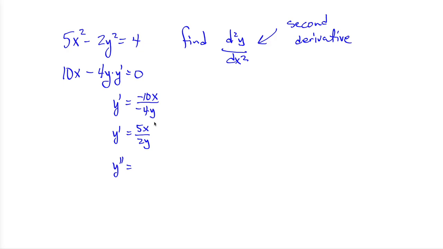I need to do quotient rule, so it's going to work out kind of ugly. So g f prime minus f g prime, which is going to be 2 times y prime, over g squared. Now I could simplify this down if I want.